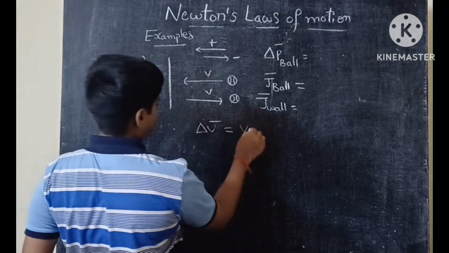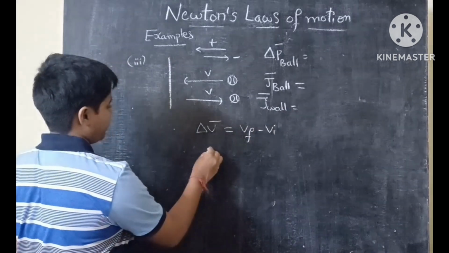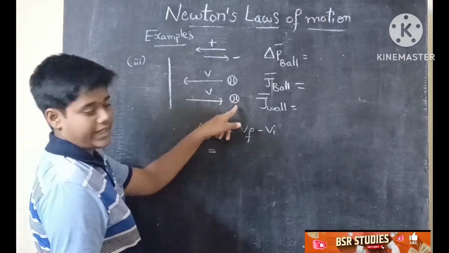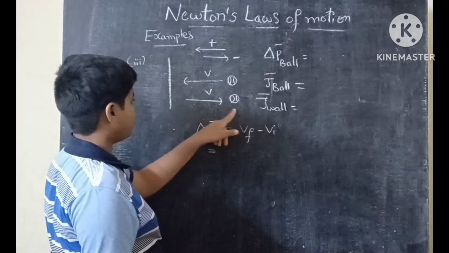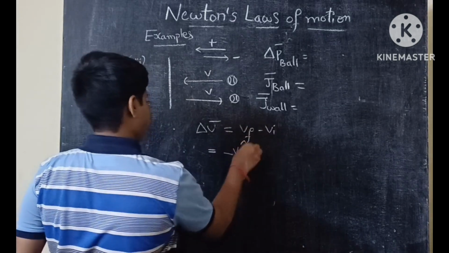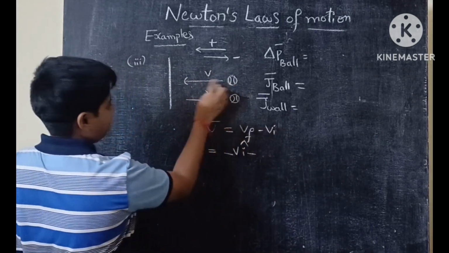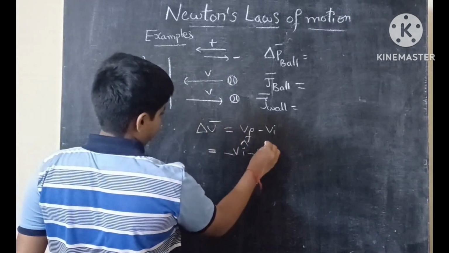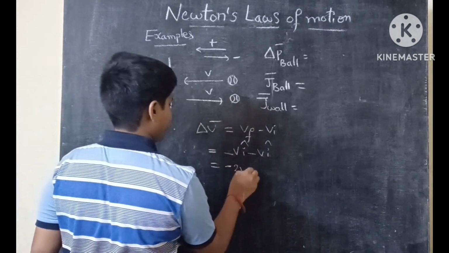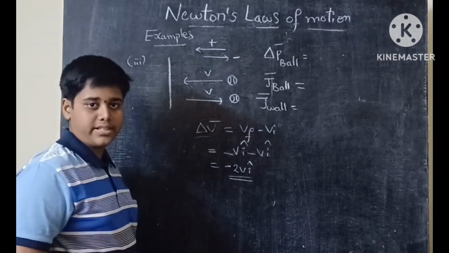Delta V bar is V final minus V initial. V final is negative V, which means V I cap, minus V I cap in the positive direction. So it is minus 2V I cap. This is the change in velocity.